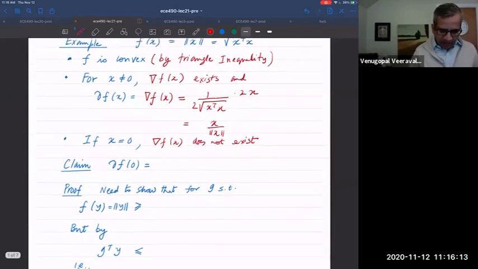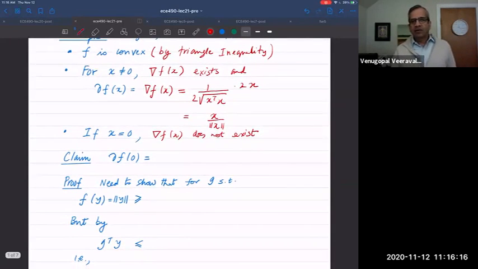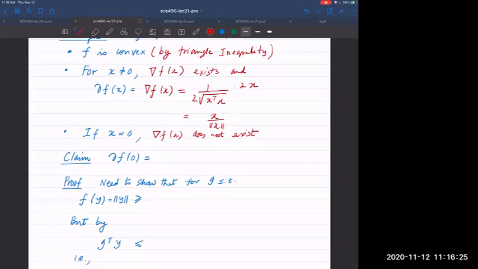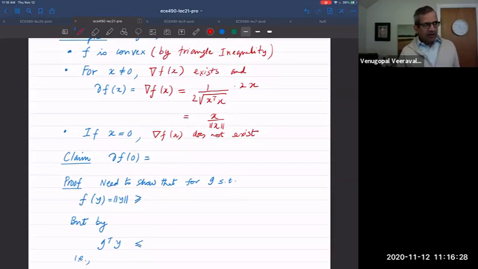Okay, but then you might have a subgradient at 0. So what's a subgradient at 0? Is it 0? Let's think about it. At 0, there are a lot of directions that are possible that will still keep the function above.